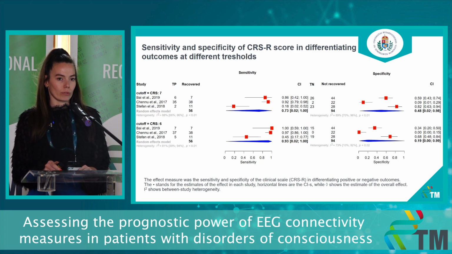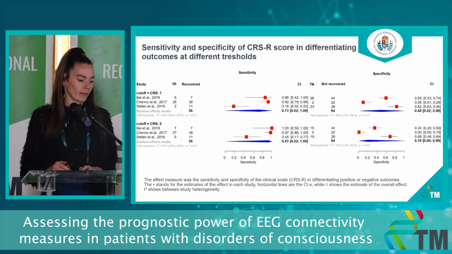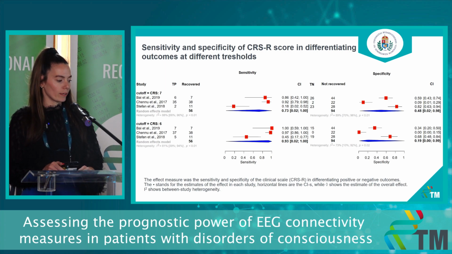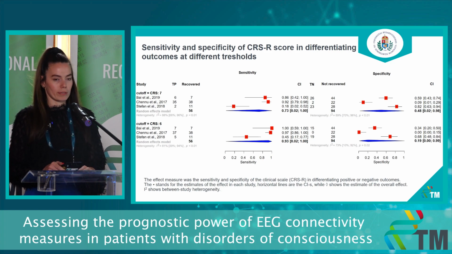We tried to do a subgroup analysis, but we couldn't conclude anything else. But what we see is that the best sensitivity could be reached at a cutoff score of CRS-R 6 points. It's a pretty low score since it goes from 0 to 23. So we can say that the recovering patients mostly score higher than a CRS-R score of 6.